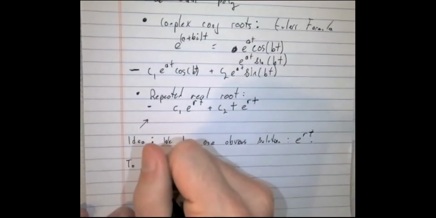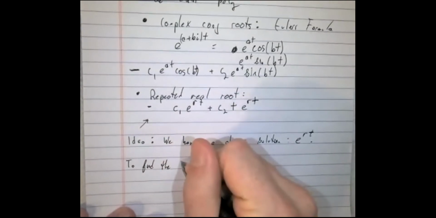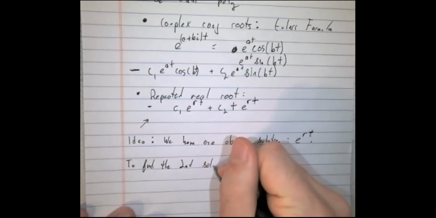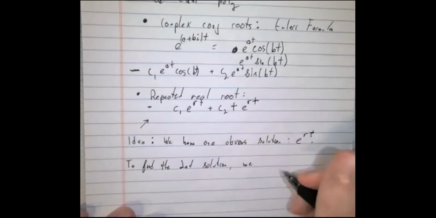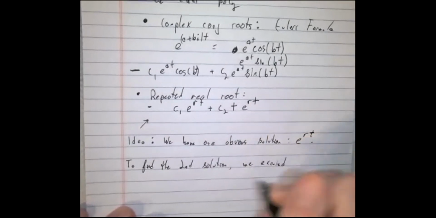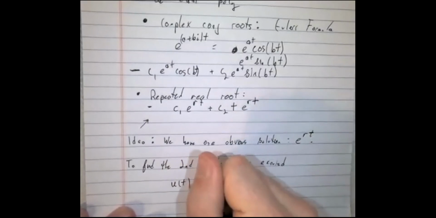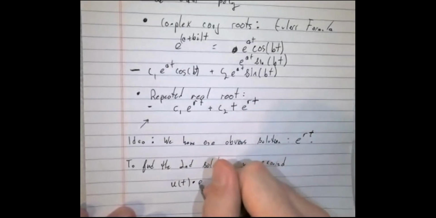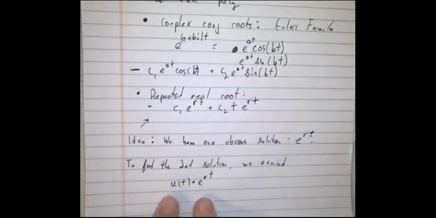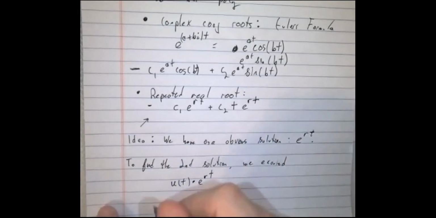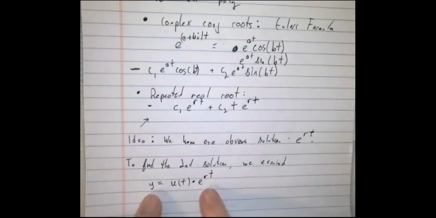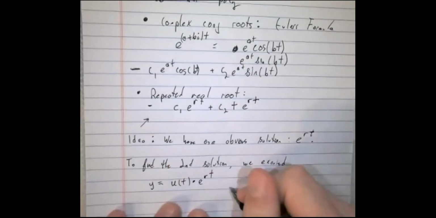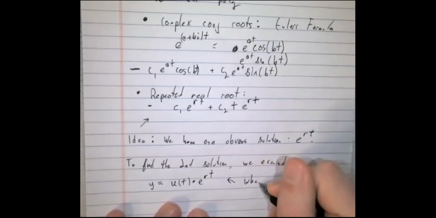To find the second solution, we examined u of t times our first solution, e to the rt. We plugged this into the differential equation and produced a differential equation for u that said, whenever u satisfies such and such differential equation, then this whole thing will be a solution. We basically asked, when is this a solution?